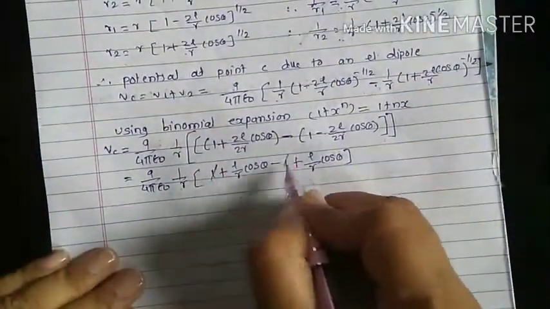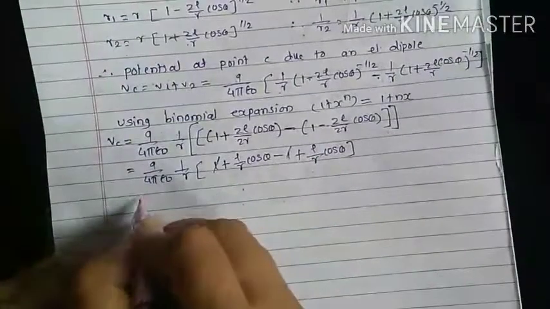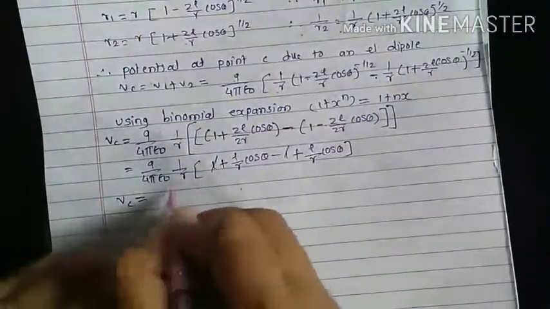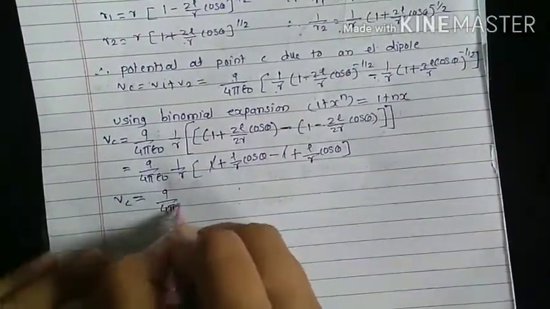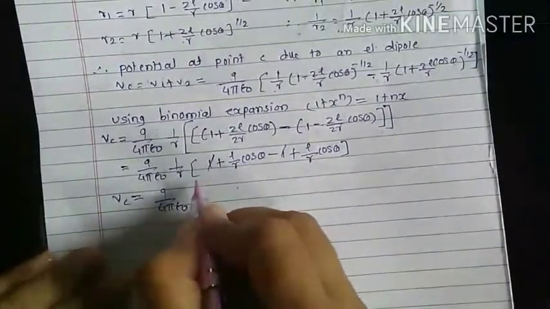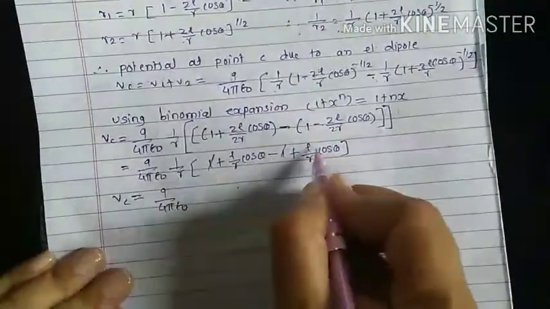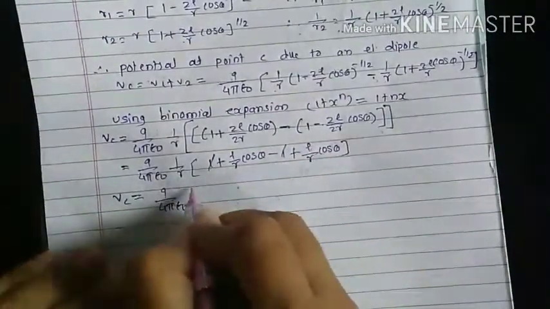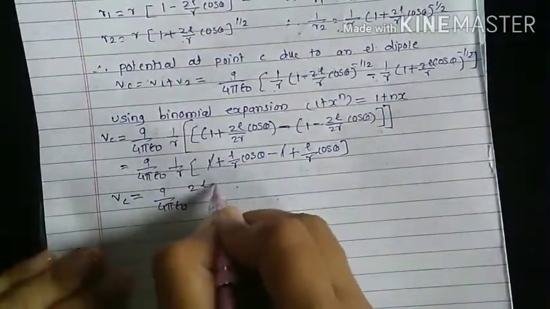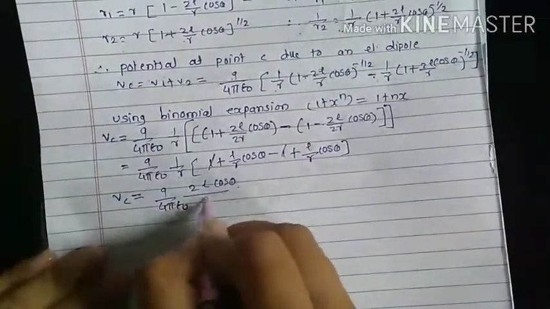This gets cancelled out and the potential is written as Q upon 4 pi epsilon naught, L upon R cos theta, which becomes 2L cos theta upon R.